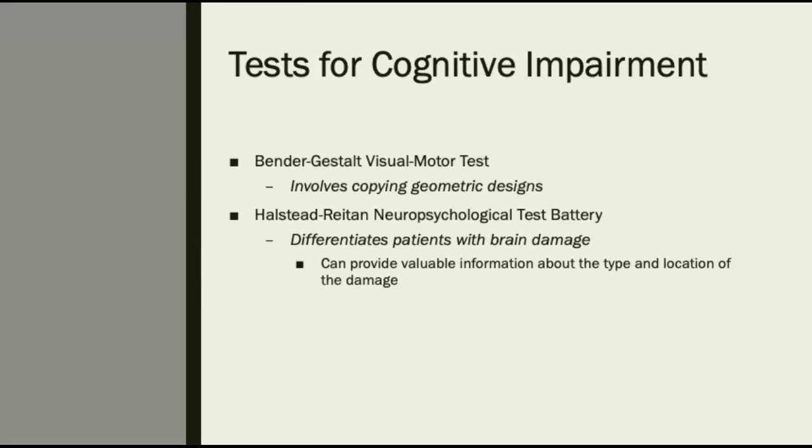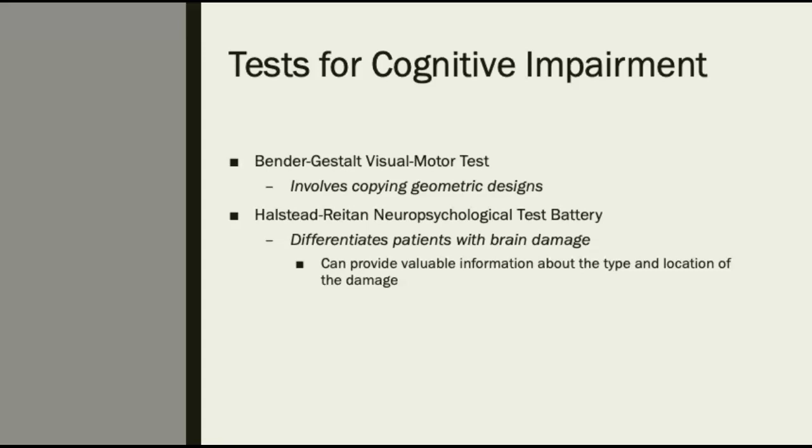Tests for cognitive impairment: we're going to talk in a little bit about other neurological tests and tests for cognitive impairment. Oftentimes, clinical psychologists are the mental health providers who are implementing this type of assessment for cognitive impairment and for the neurological tests.